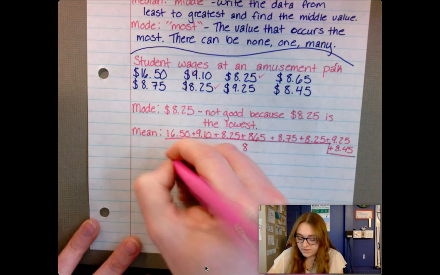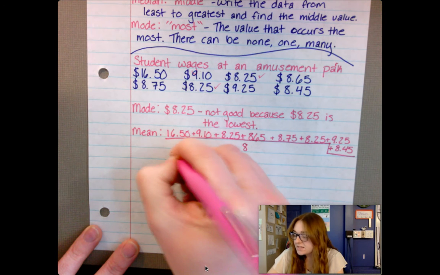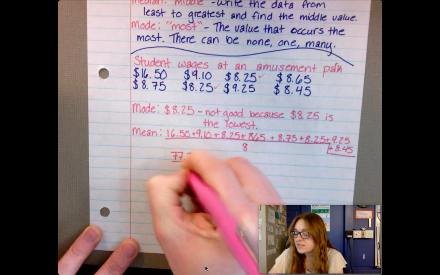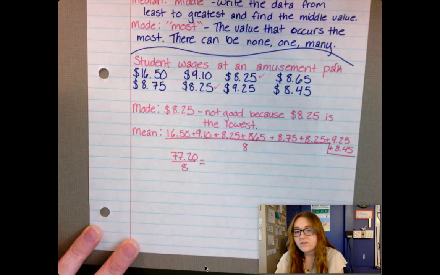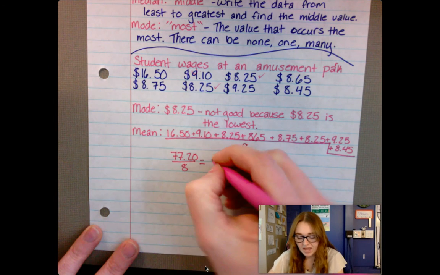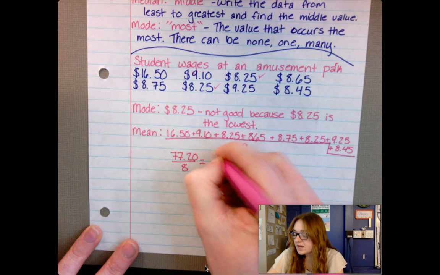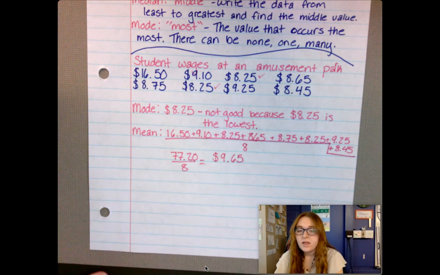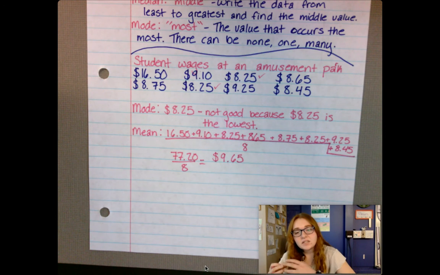Once we add all of this up, we get $77.20. Again, we have to still divide that by the number of values, the 8 wages for the 8 kiddos. And we end up getting $9.65. And we ask ourselves again, is this a good central tendency? Does this represent the data?